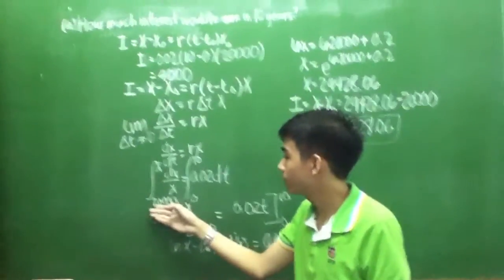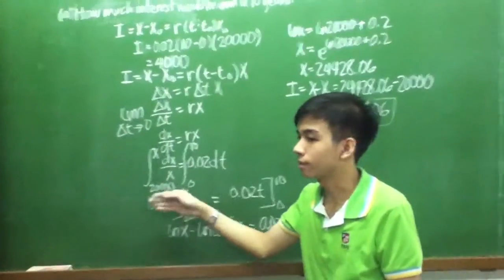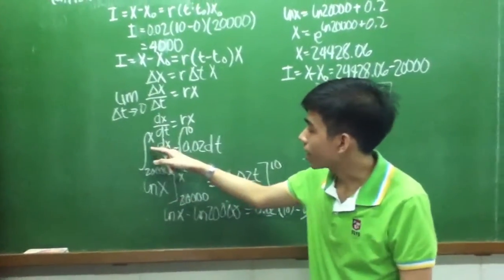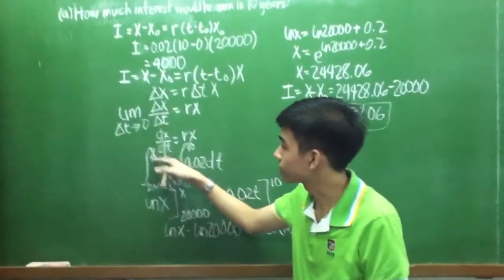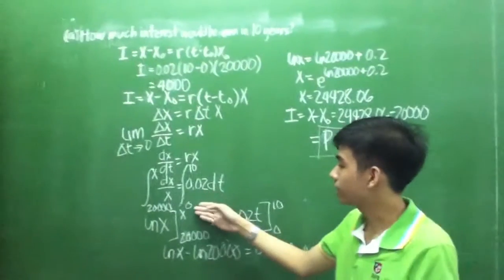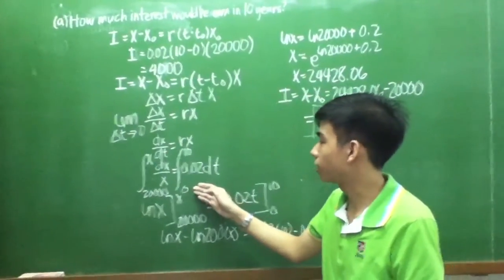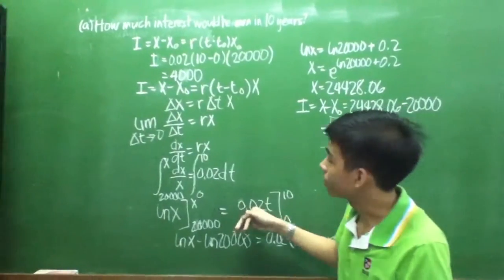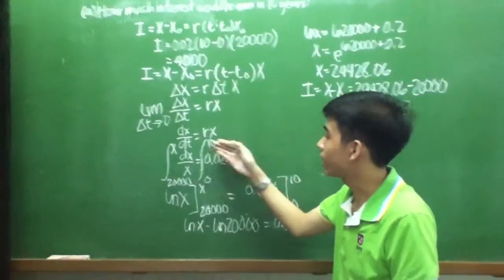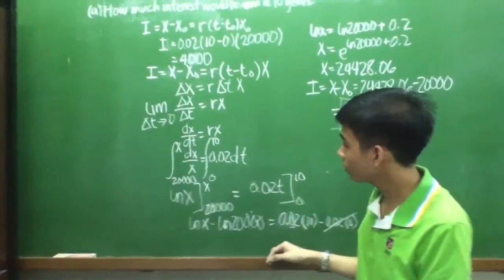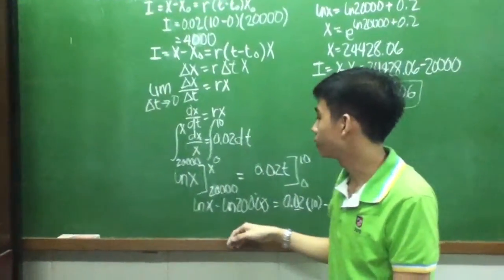The initial value is 20,000, that's why it is here on the bottom, and the x is what we're looking for, so I placed it on top. Here the initial time is 0, and the time that we're getting the value of x is 10. Next, we just integrate both sides.